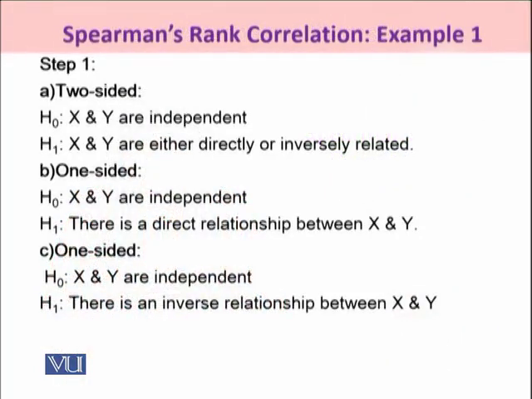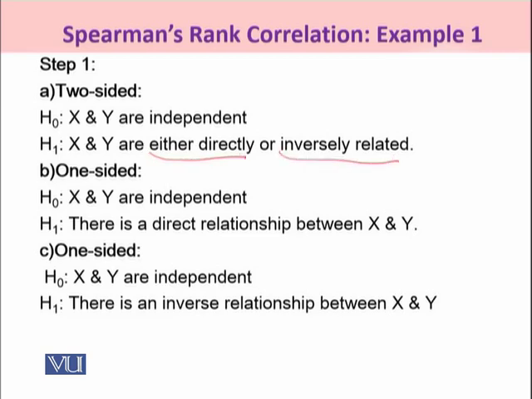So students, all possible hypotheses that you can consider under Spearman's rank correlation: H0 would always be that the two variables x and y are independent of each other, whether it is a two-sided test or a one-sided test. For a two-sided test, the alternative hypothesis would be that x and y are either directly or inversely related.